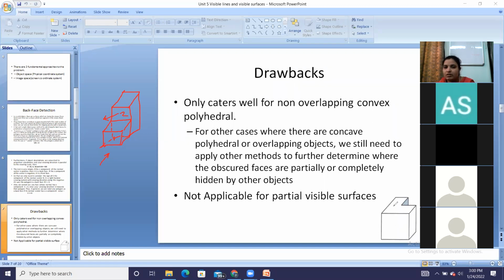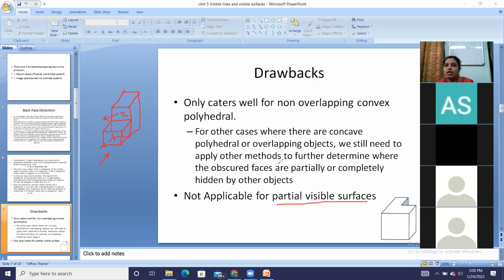For such objects, where you have partially visible surfaces, this algorithm fails, because this algorithm works for the whole surface. If some portion of the surface is visible and some is invisible, we cannot get a good prediction with this algorithm. So we cannot apply this algorithm to partially visible surfaces like this. So these are the two drawbacks.